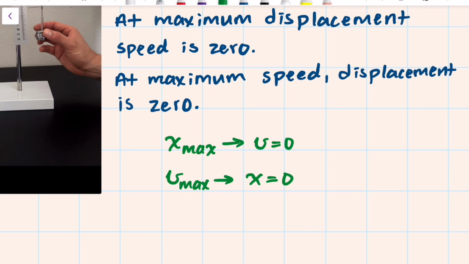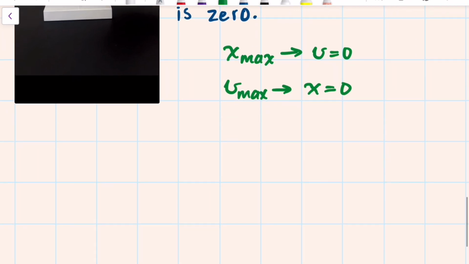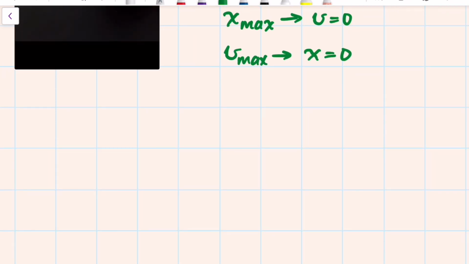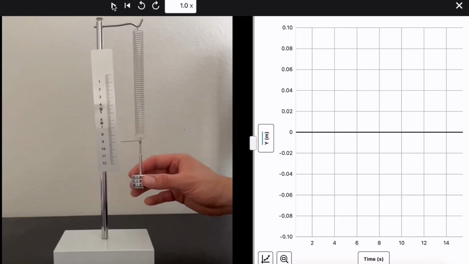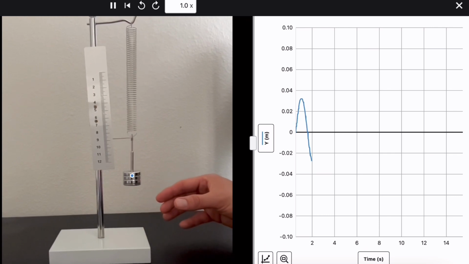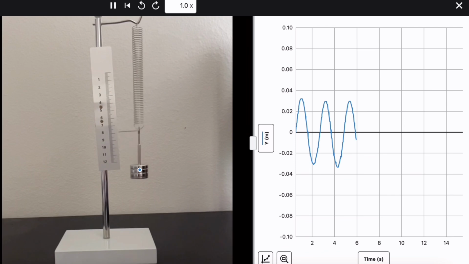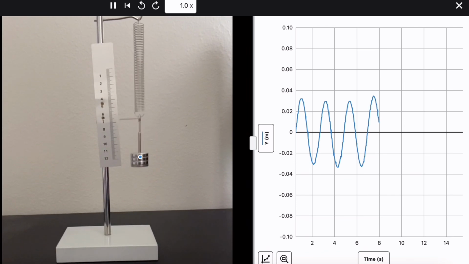Well, that's because we can now apply energy considerations and derive more properties of oscillators. Let's look at the video again for the mass on a spring. As you can see, when I'm pulling down the mass, I am doing work on the system and increasing its energy.